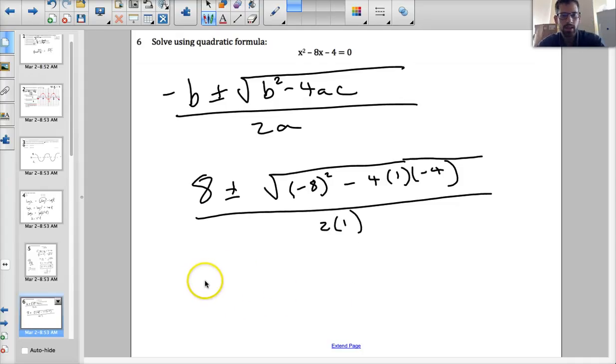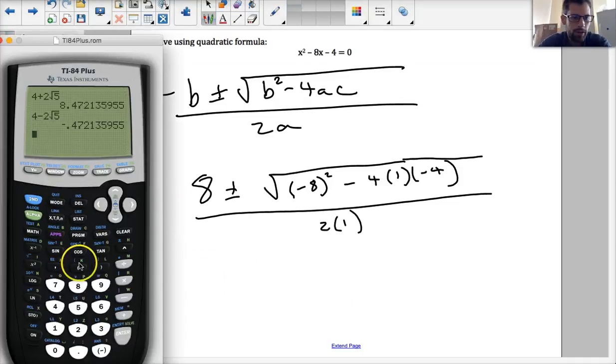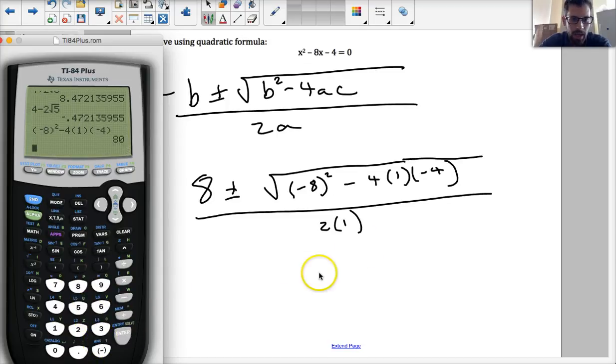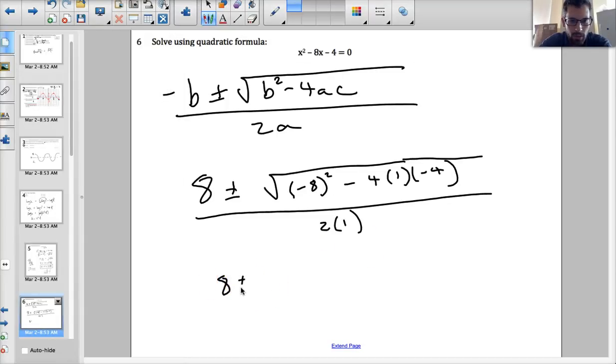So let's simplify under the radical first. Negative 8 squared minus 4 times 1 times negative 4 gives me 80. So I get 8 plus or minus the square root of 80 all over 2.